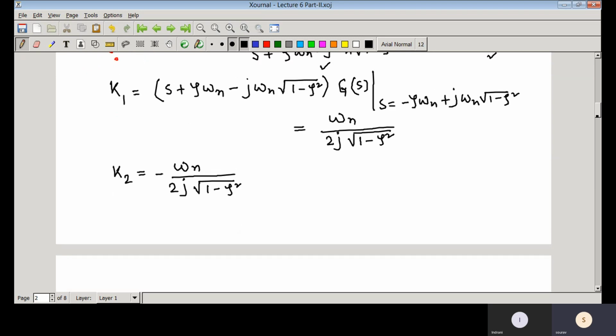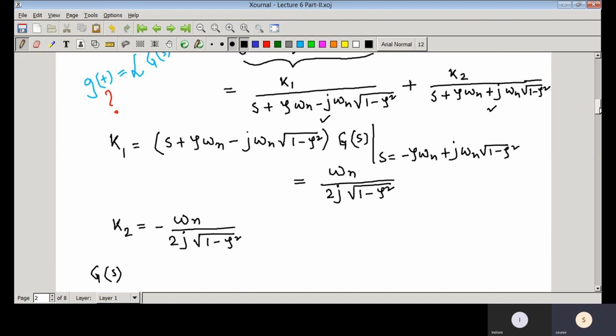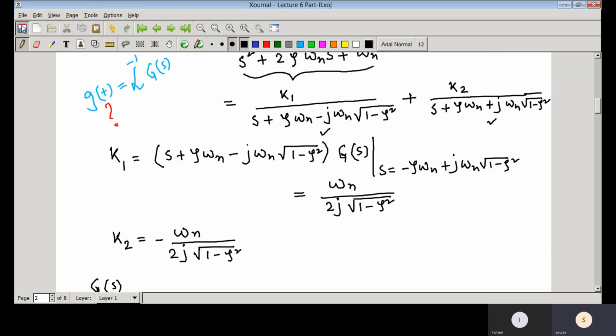So after finding that coefficient, you can write what is G(s). So for G(s), you just replace these two coefficients here, that is K1 and K2.